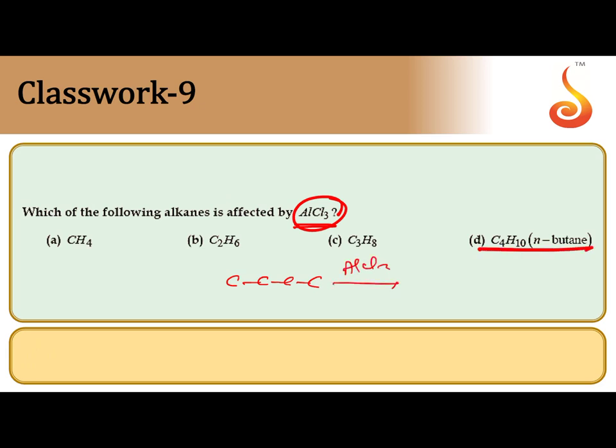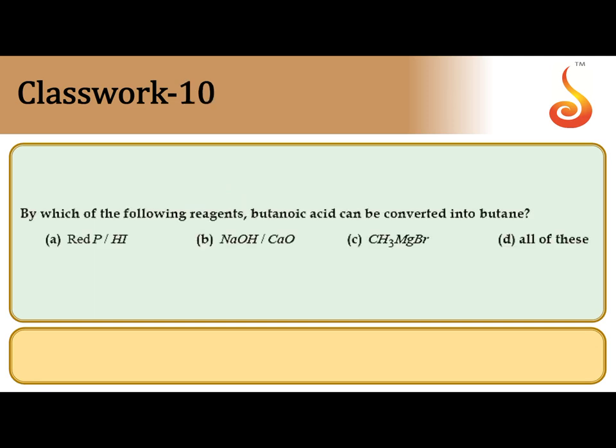When it is heated with AlCl3, it undergoes isomerization to give its isomer. That's why with AlCl3, alkanes with 4 carbons or more than 4 carbons will be affected. This process is called isomerization. So the answer is D.